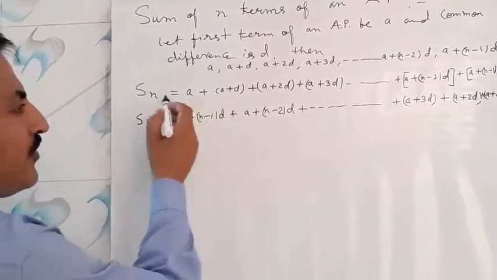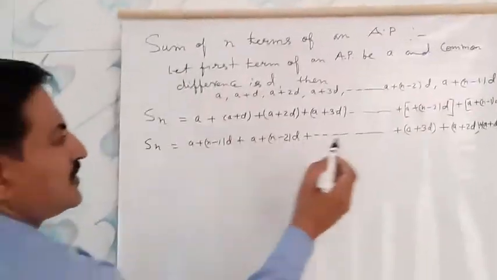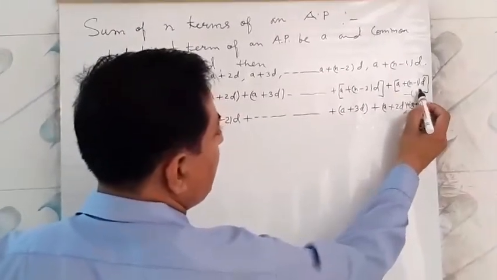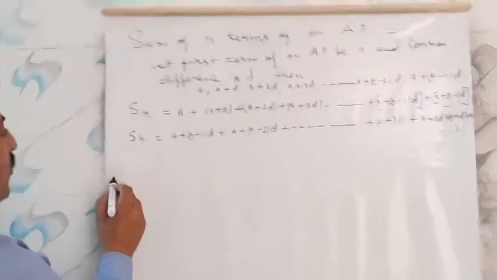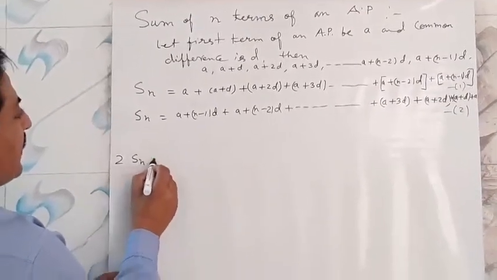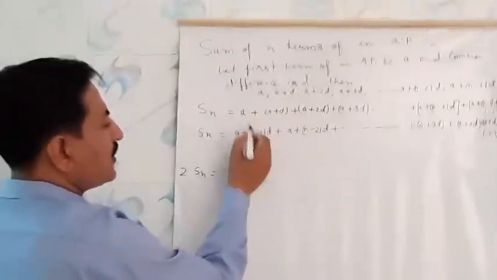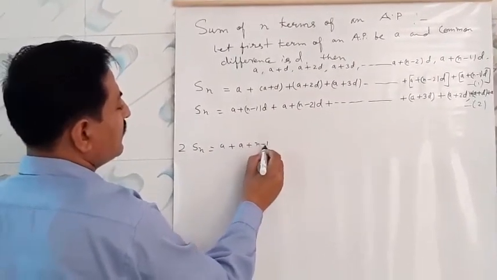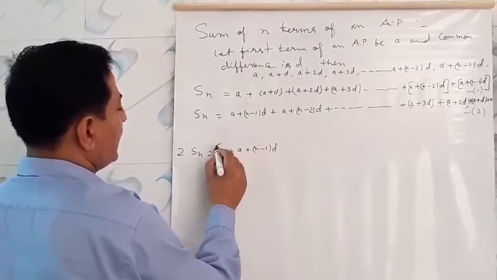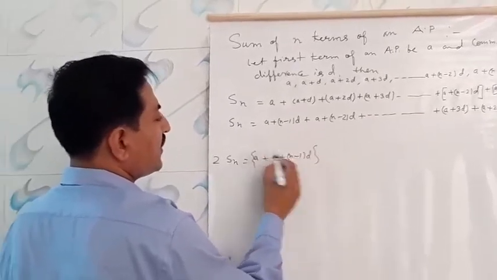Now if you add both, this is the first one and this is the second one, what will you get? Sn plus Sn will be 2Sn. There you add the first and first term, which comes to A plus n minus 1 into D. Write that in one bracket because it is the first term you are adding.